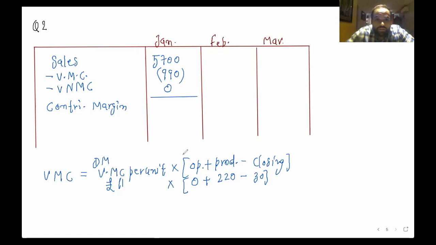Variable manufacturing cost is 200. Oh, sorry, 990, it should be 200. 2090, okay, all right. It must be 2090. Okay, so how much is contribution margin?